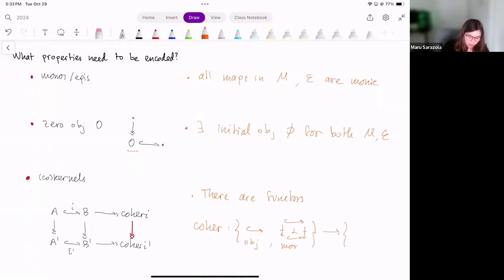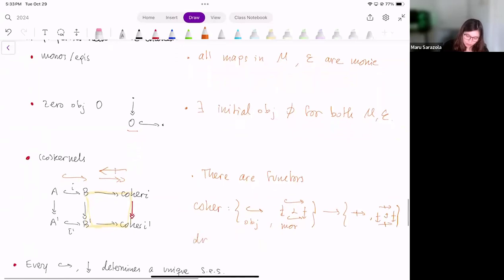Well, I took a mono and I produce an epi, but remember that I'm opping these for the vertical maps. So I'm going to produce vertical maps as the objects. And if I look at the kind of squares that I get, they're all living in the underlying vertical category. So this goes to the category of just commuting squares between vertical maps. And of course, there is the dual notion of the kernel with the correct categories.